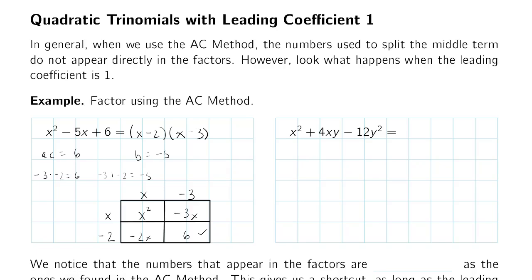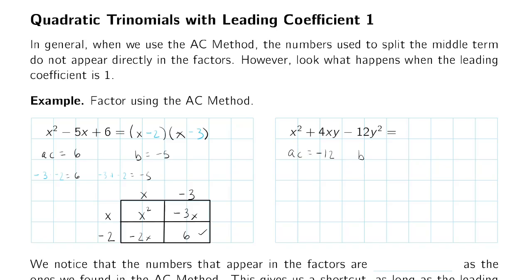And so what we notice is that these two numbers are the numbers that show up in the factors. Let's see if that was a fluke. We have x squared plus 4xy minus 12y squared. So our AC is negative 12.